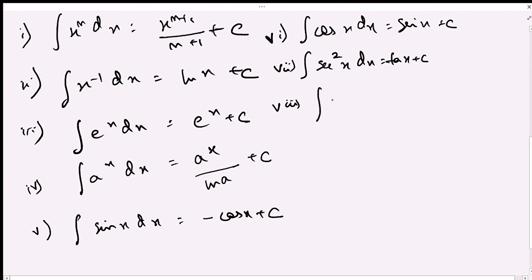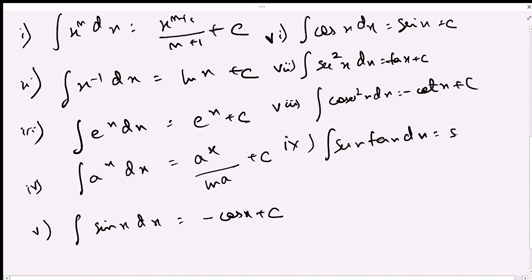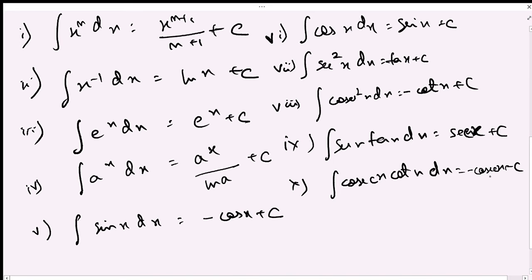Then we have integral of cosec square x dx, which is given as minus cot x plus c. Then we have integral of sec x tan x dx, which is given as sec x plus c. Integral of cosec x cot x dx, which is given as minus cosec x plus c.